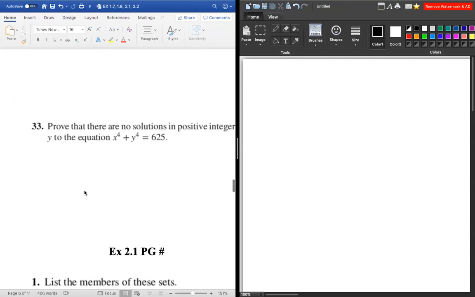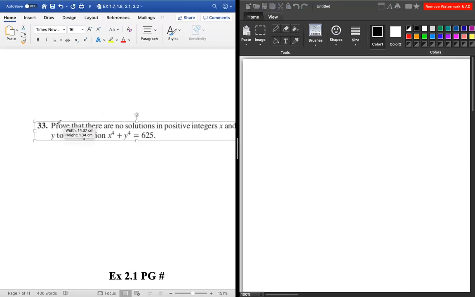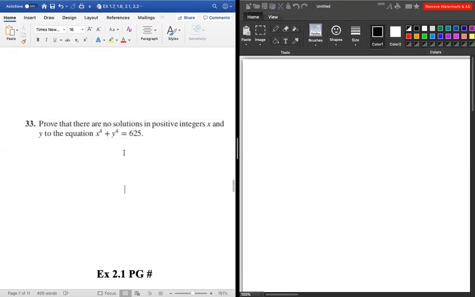So we have question number 33. Here we have to prove that there are no solutions in positive integers x and y to the equation x to the power 4 plus y to the power of 4 equals 625.